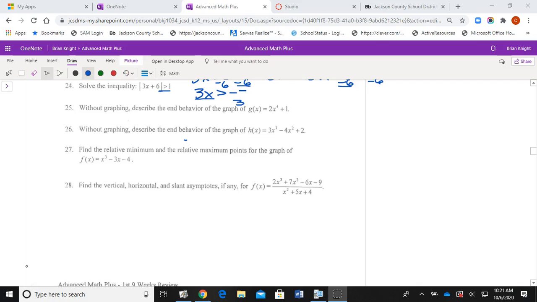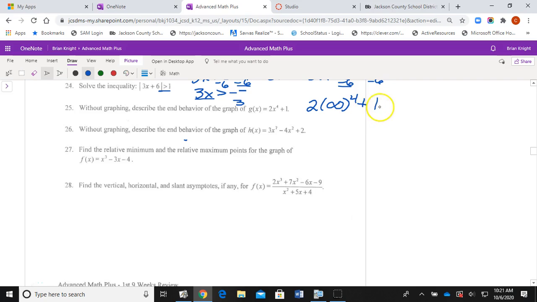25 says, without graphing, describe the end behavior of the graph of g of x equals 2 times x to the 4th plus 1. So these are the problems where we plug in infinity and negative infinity and see what you get. So we plug in infinity, we get 2 times infinity to the 4th plus 1.